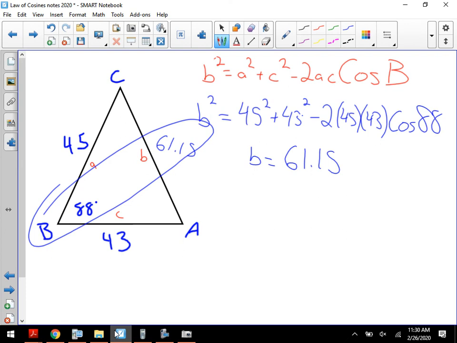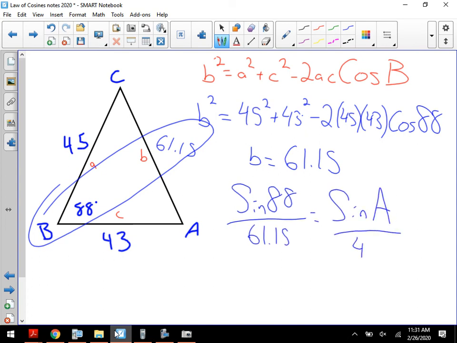So then I would use law of sines to find angle A. So sine 88 is to 61.15 as sine of A is to 45. And now this looks exactly like what you did yesterday. If we want to get the A value, the sine, we have to just move the 45 up, like we did yesterday.